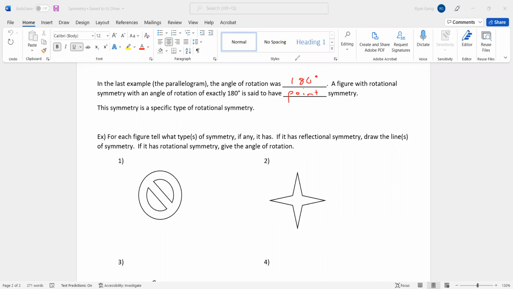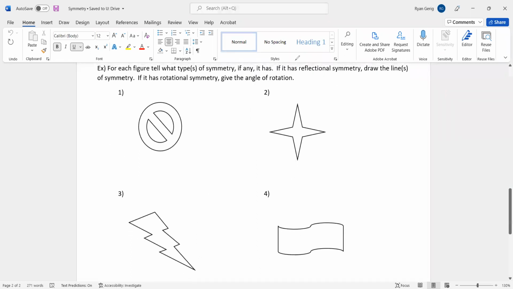Okay, now for the last part here, we are going to do a couple things. One, what type of symmetry it has. It could be both. If it has reflectional symmetry, draw the lines. If it has rotational symmetry, give the angle of rotation. All right, so this one has reflectional. I'm just going to abbreviate it that way.